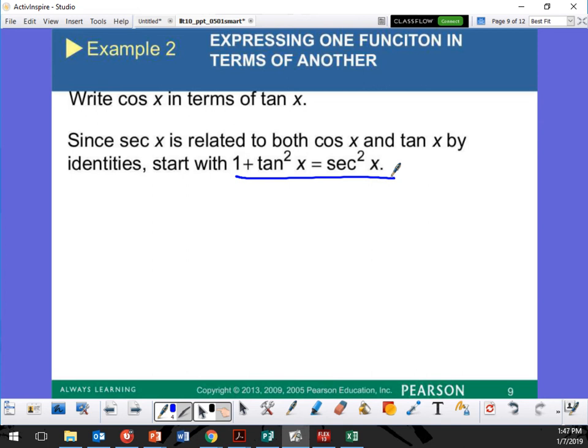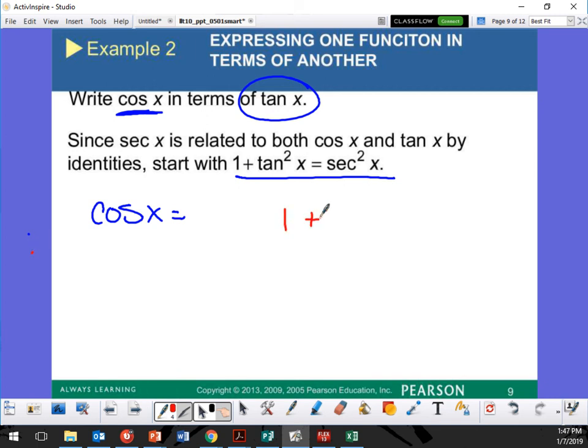So I'm going to change this up. I want tangent, and I want to say cosine equals. That's the point of what I'm trying to do right now. I want to make this say cosine equals. Let's change this.